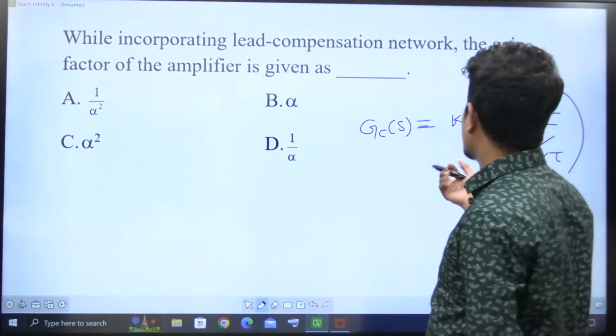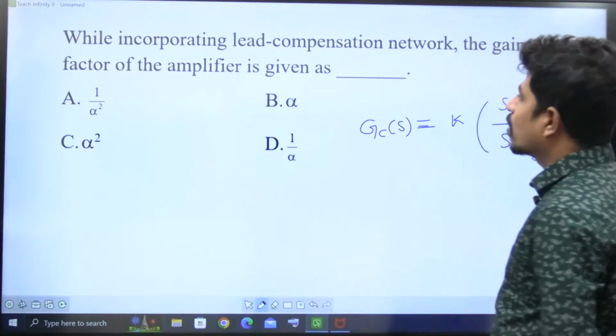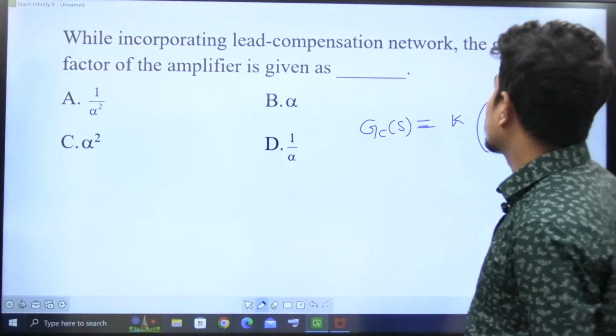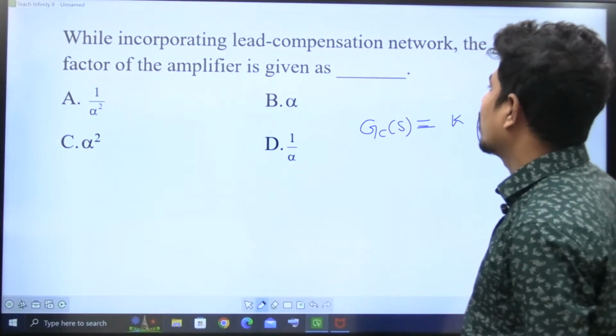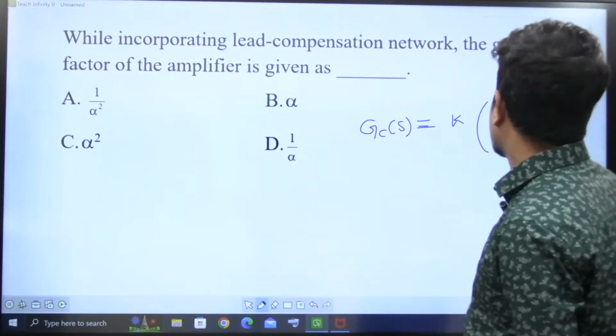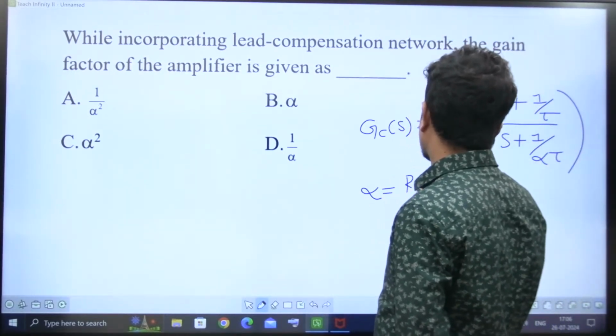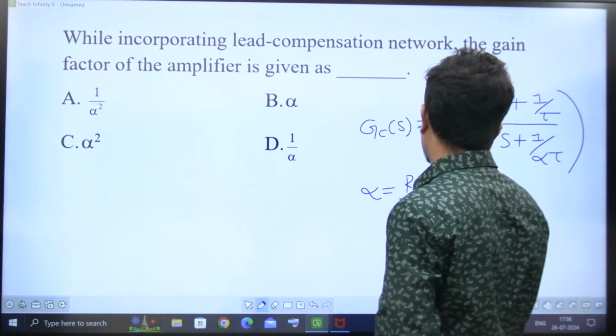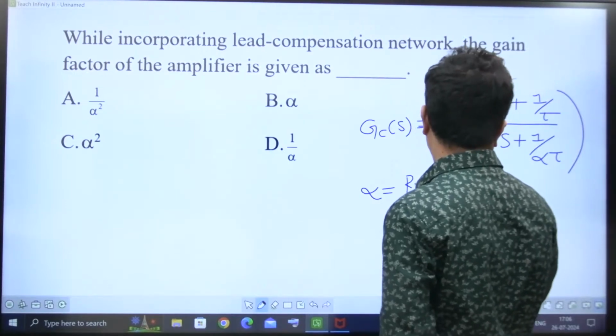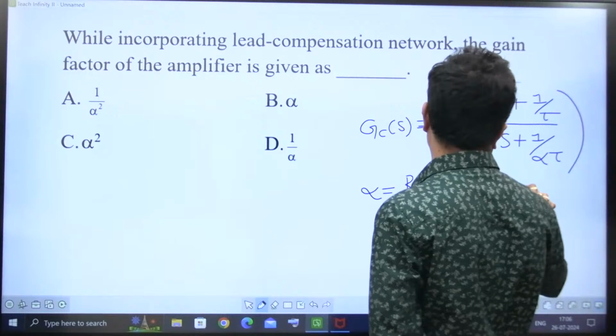This constant k may even be 1. Now, what is alpha? Alpha is nothing but R2 by R1 plus R2, and tau is equal to R1 into C.